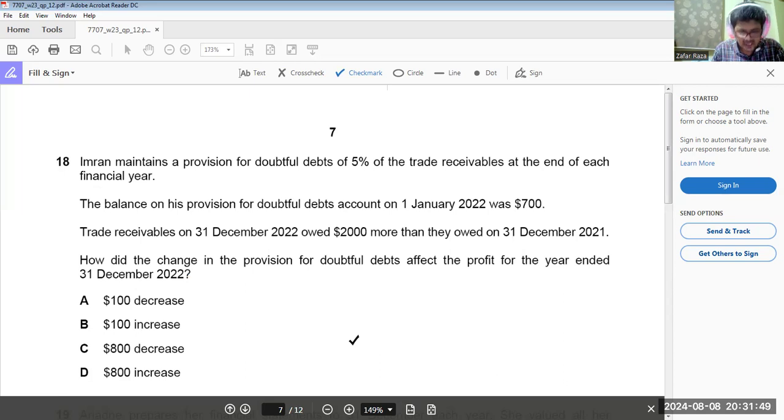Okay, see, 2,000 multiplied by 5%. That means 100. We have to apply the rate of provision for doubtful debts on the increase of trade receivable. So it means this year provision should be increased by $100. 2,000 multiplied by 5%, $100. So if we are increasing provision by $100, it means our profit is going to be decreased by 100.